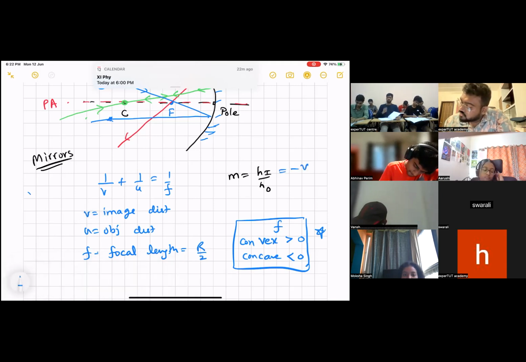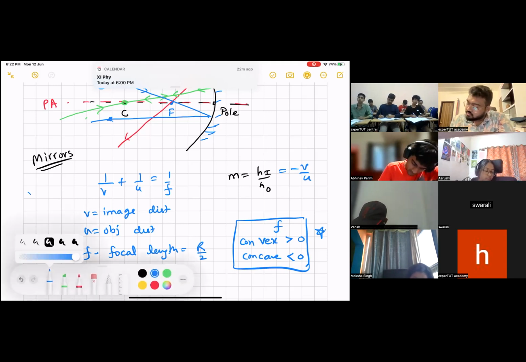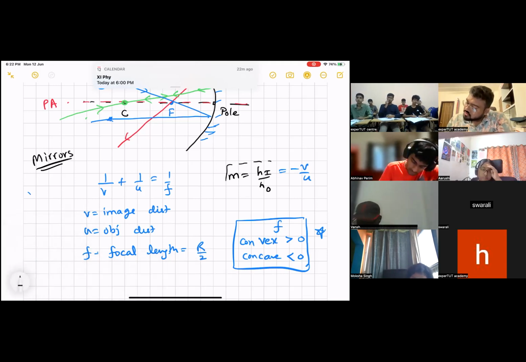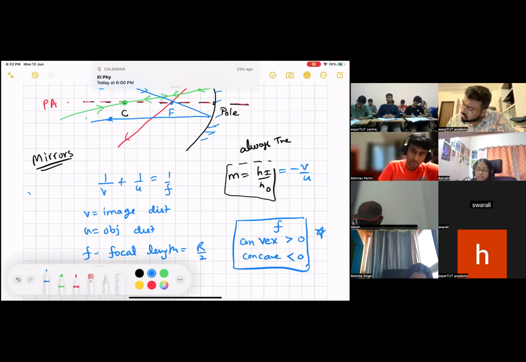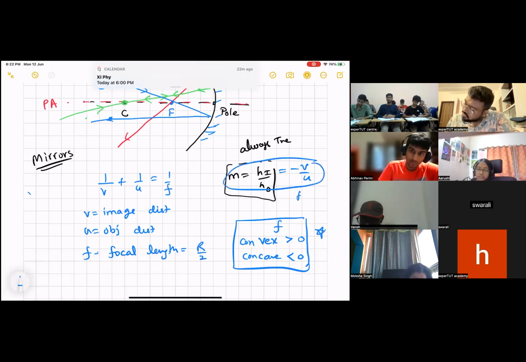The blue thing is minus v by u. It is only for mirrors, okay? So write this. This is always true, whereas this whole thing is for mirrors only.